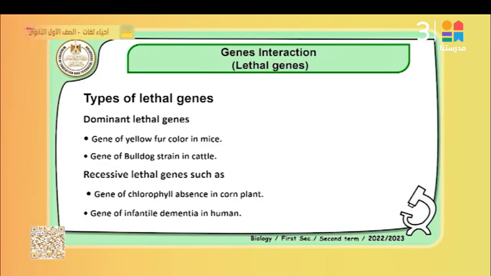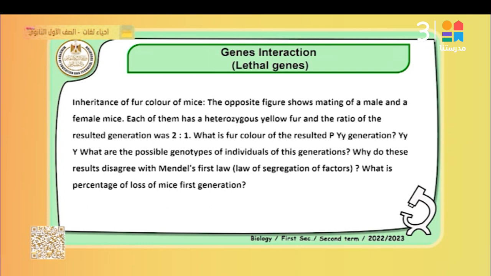Okay? Dominant lethal genes: the gene of yellow fur color in mice, and the gene of the bulldog strain in cattle. Recessive lethal genes: such as the gene of chlorophyll absence in the corn plant, and the gene of infantile dementia in humans. That's right. Inheritance of fur color in mice.